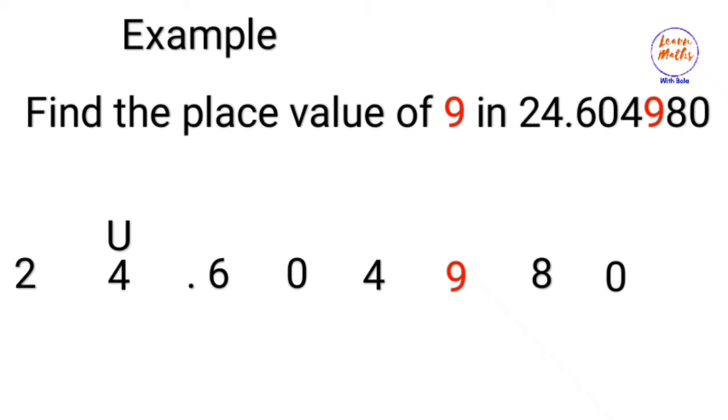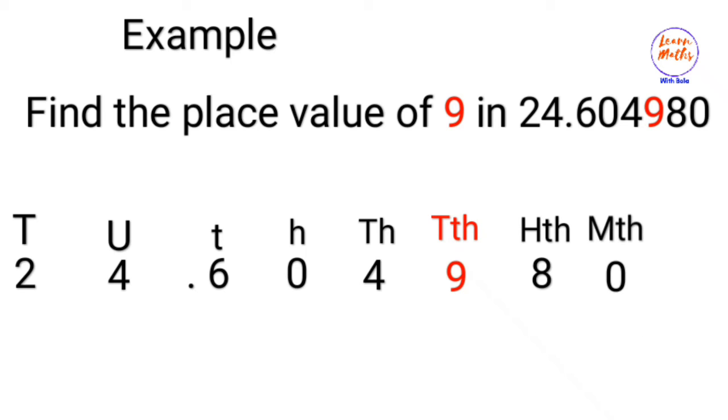The number before the decimal, don't forget, carries the units, followed by tens. Tens are not tenths. The number after the decimal, the one that comes immediately after the units, we carry tenths, followed by hundredths, thousandths, ten-thousandths, hundred-thousandths, then you have millionths.